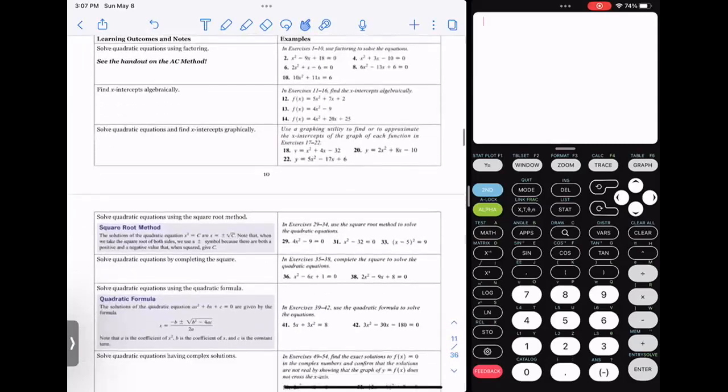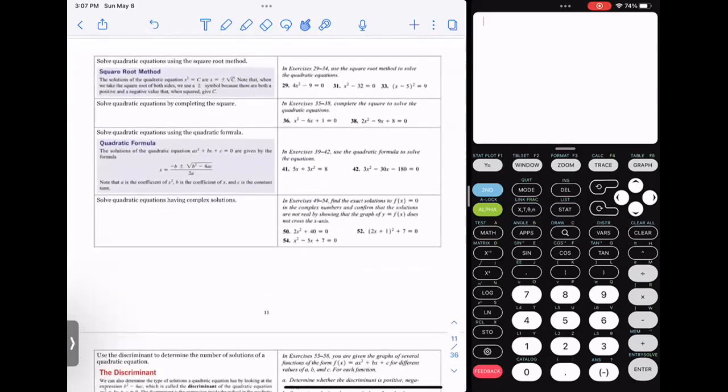There we go. Okay. That's all on quadratics. Any questions on this page? We'll move on to the next page.